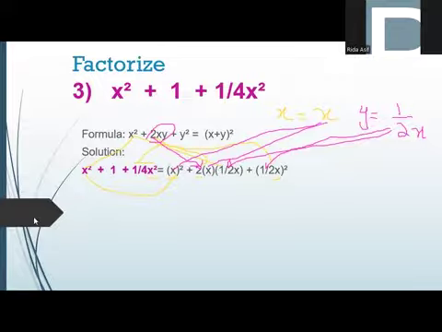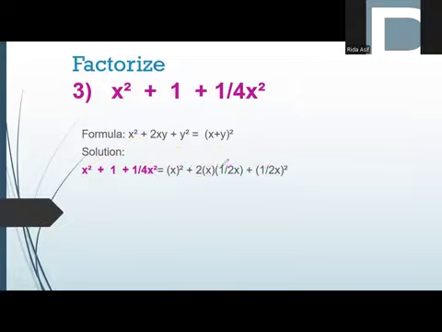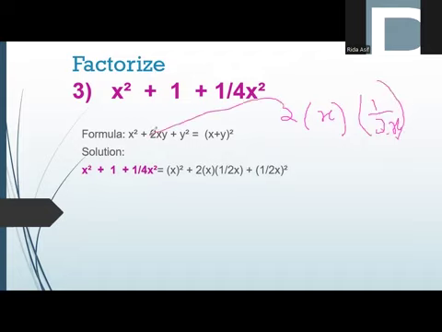Now, students, we can see that 1 upon 2x is written over here. Let me write it again. This is 2. What is x? x. What is y? 1 upon 2x, right? This is your 2, this is your x, and this is your y, right?